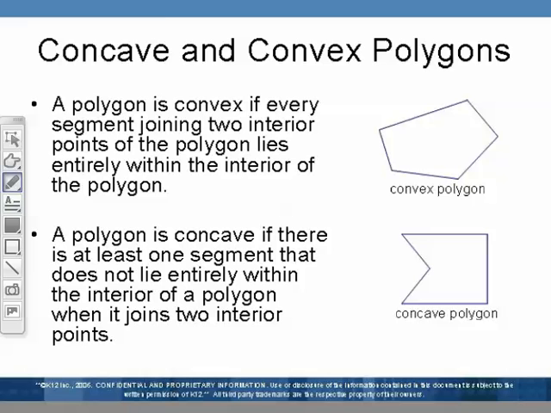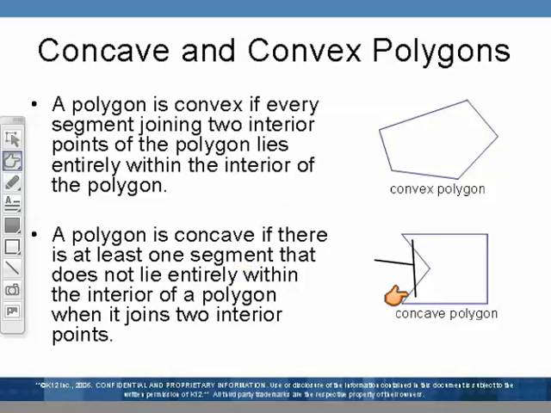Going on. The difference between concave and convex. If it caves in, it's concave. If it doesn't cave in, it's convex. So in this particular situation, you notice over here on this polygon, I'm drawing a line. I'm trying to draw a line between 2 points inside of that polygon, and I had to go outside of the polygon to get there because this one caves in.